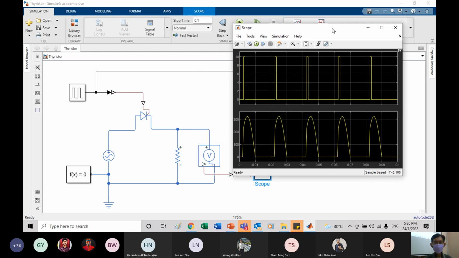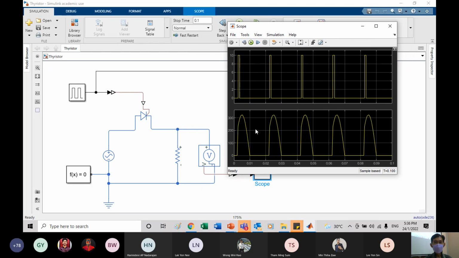You will have the first half cycle. You see the pulse is here, right? 45 degree. When you apply the pulse here, it will turn on the thyristor, because here you see it's still off, right? It turns on, and the thyristor will go on.